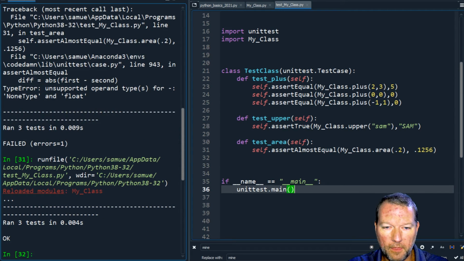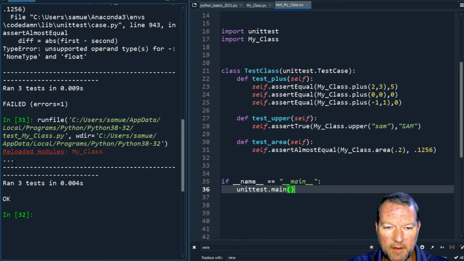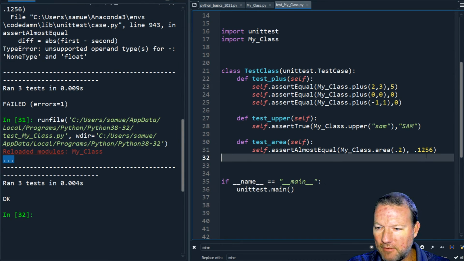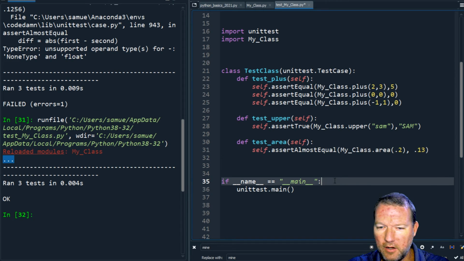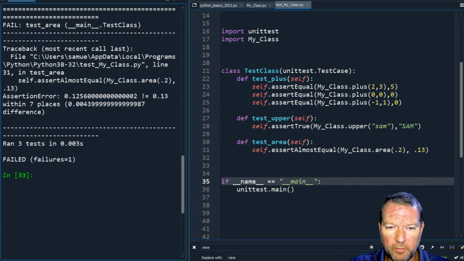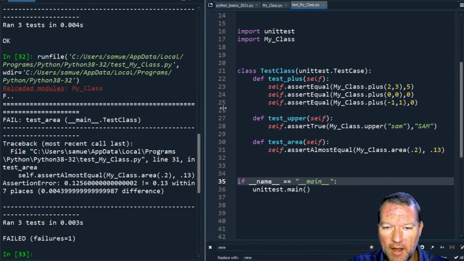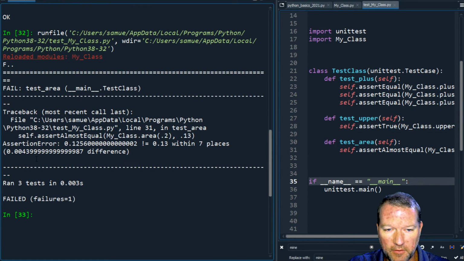Run. Okay, so we have our three dots, our three tests. Now let's see if we get down to here. Okay, so we are having a fail. The difference is 0.0043999999.